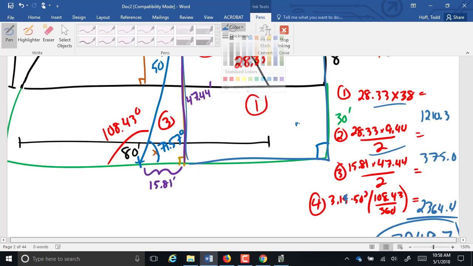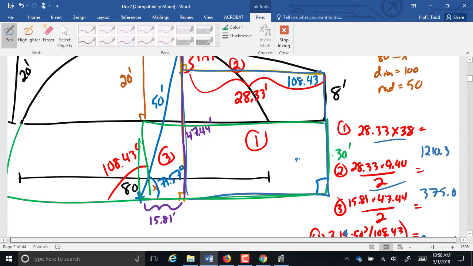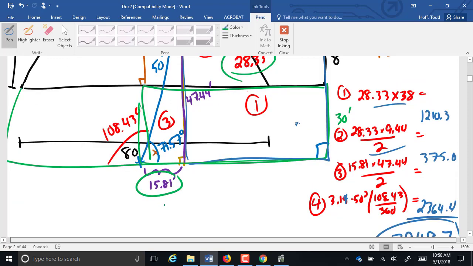Now what do we have to subtract out? Well, we're going to subtract out 30 by whatever that came out to be. Well, that was 15.81 plus 28.33, which is 44.14 by 30.